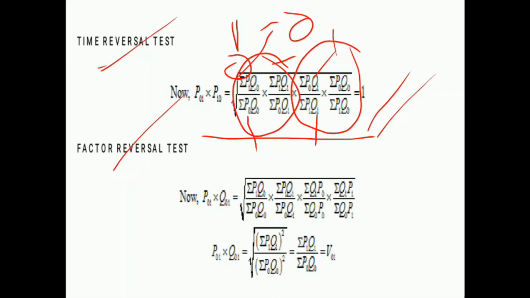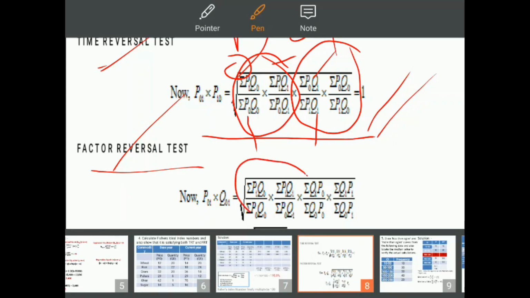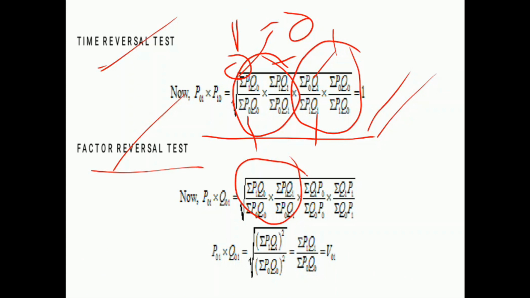The next one is the factor reversal test. The first part is the same as the Fisher's index number. In the second part, there will be a small change.